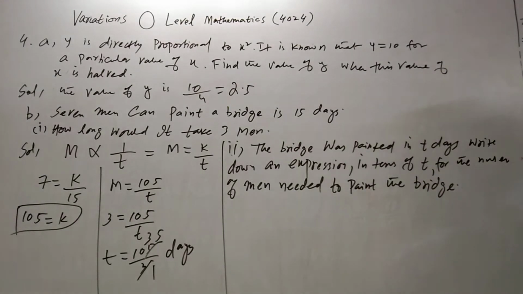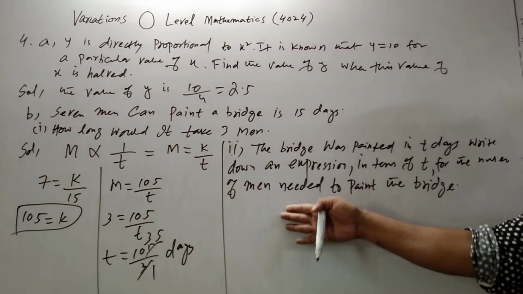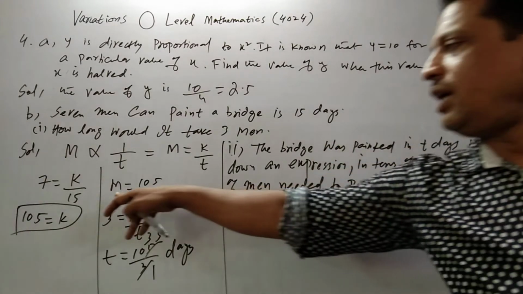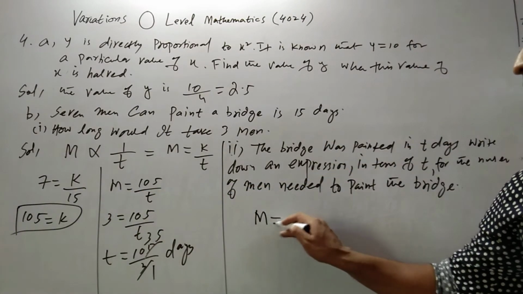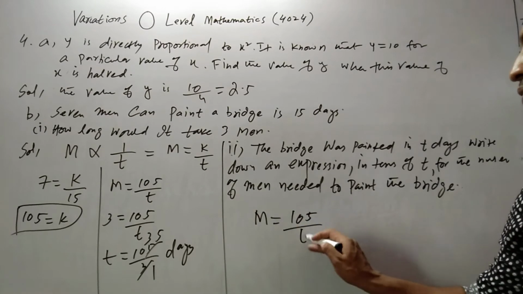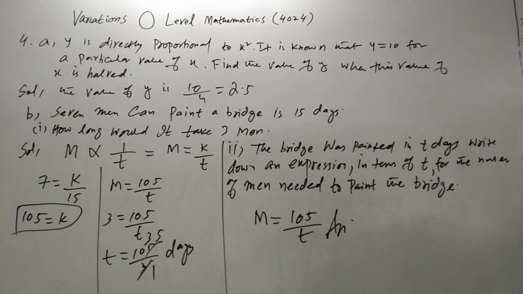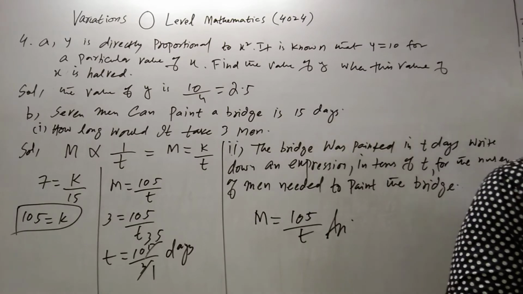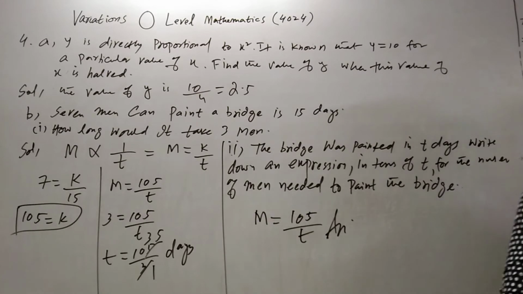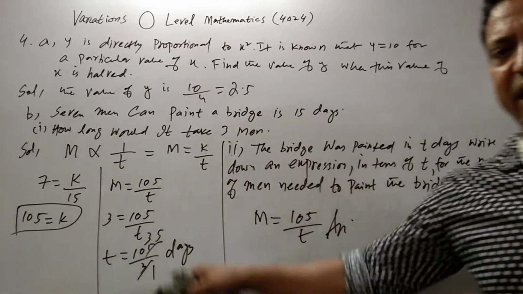We have already written the formula which involves the number of men and the time T. What is the formula? M is equal to 105 upon T. So this is our answer. I hope you understand. We have already found it because we needed this formula to find the value of T.